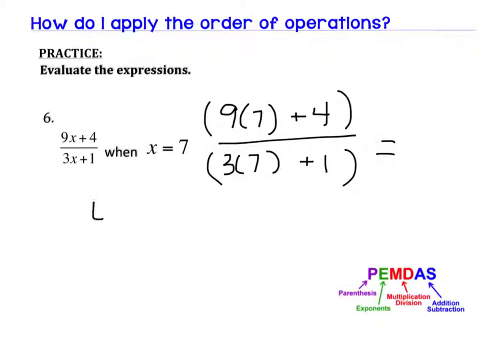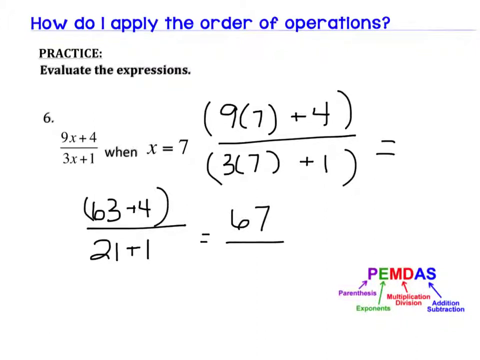So I'm going to have 9 times 7 is 63 plus 4 all over 21 plus 1. So I'll take my 63 plus 4, and that's going to give me 67. Again, I'm doing everything on the top first. And 21 plus 1 is 22. So now I can divide them. I've got 67 divided by 22, and I'm going to end up with a decimal, which is 3.045, and then that decimal ends up repeating itself.